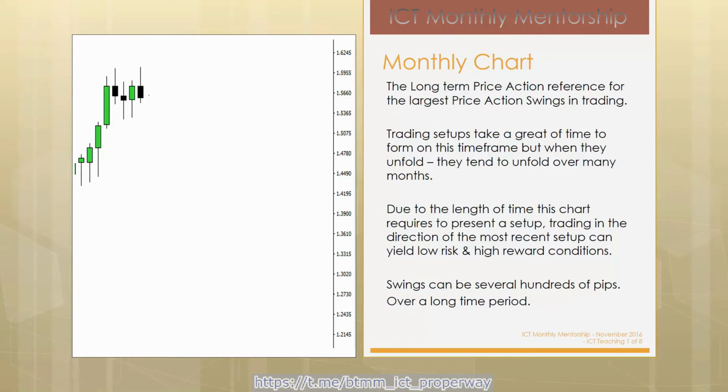Even if you don't catch the actual move that creates the optimal entry for a sell or a buy, because it's a monthly chart, the very nature of its time frame gives us a great deal of time to still capture moves in that same directional bias or in that trend direction. Now, swings that form on the monthly chart, obviously, they can be several hundreds of pips, and it's going to require a long period of time to unfold.